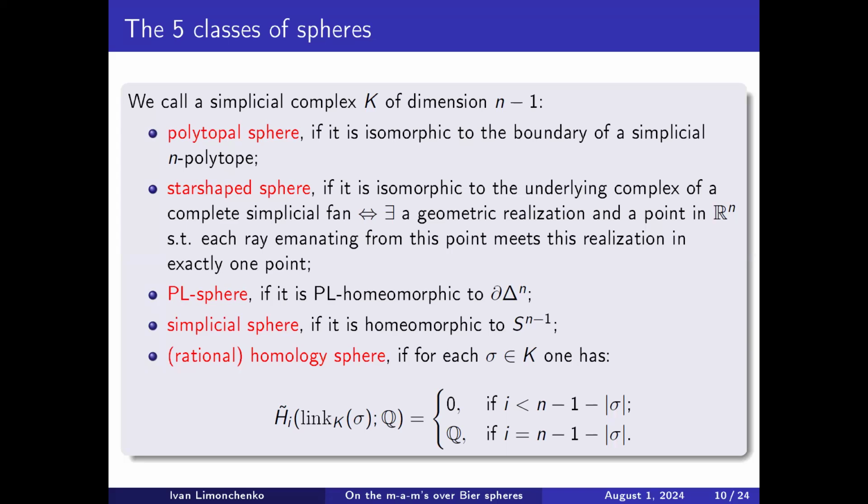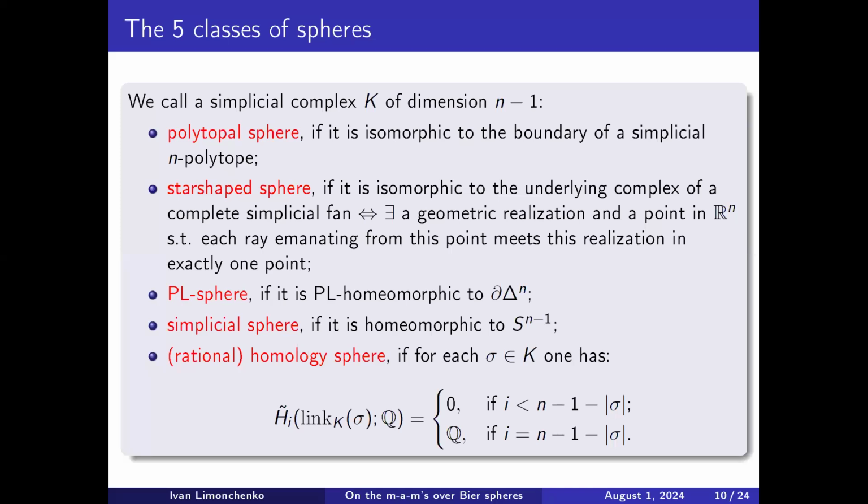A star-shaped sphere, that's maybe the most important because of our results today. A star-shaped sphere can be defined in two equivalent ways. The first way is you define it using fan theory. Of course, I'm not going to review here in this great audience what a polyhedral fan is, because it's one of the key notions from toric geometry.